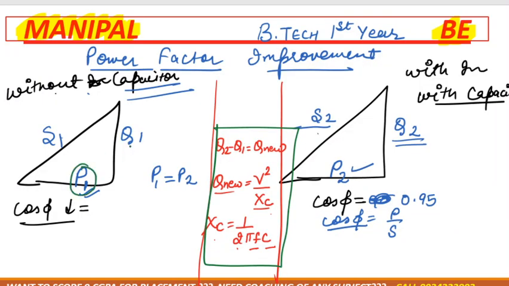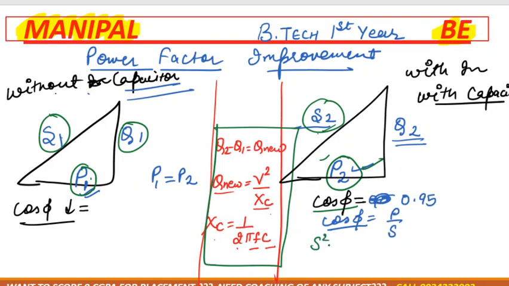After getting these values P1, Q1, S1, can you equate P1 equal to P2? If you know the value of P2 and the value of cos phi, can you get S2? If you know the value of P and the value of S, that is, S square is equal to P square plus Q square, can you get Q2?